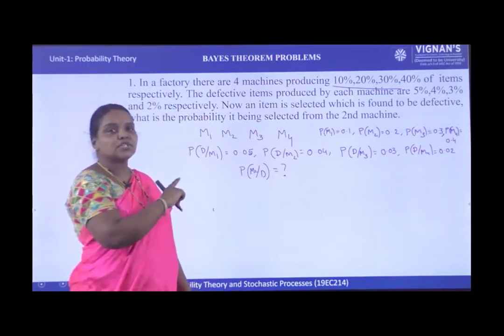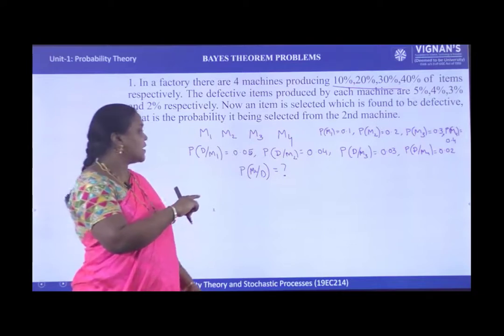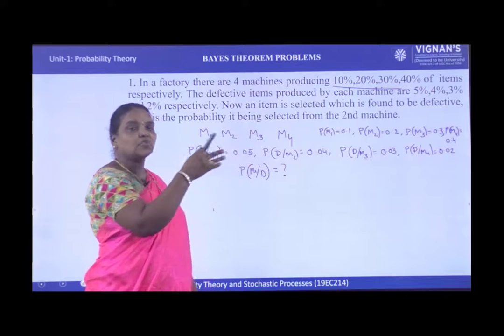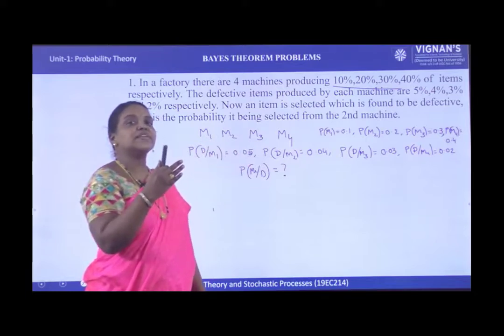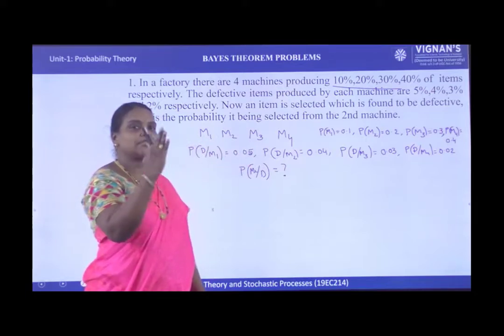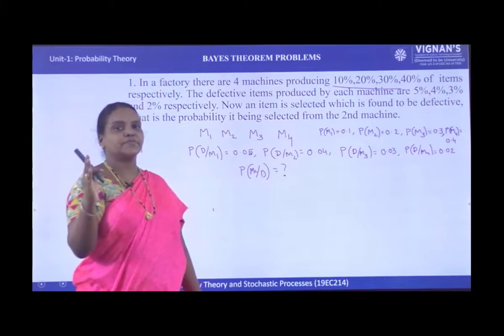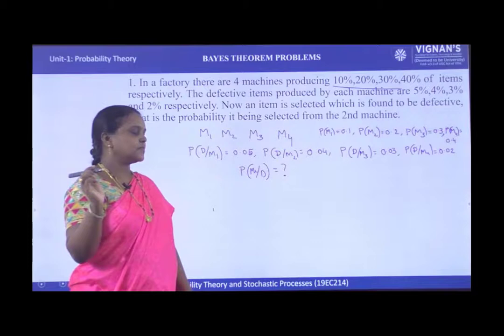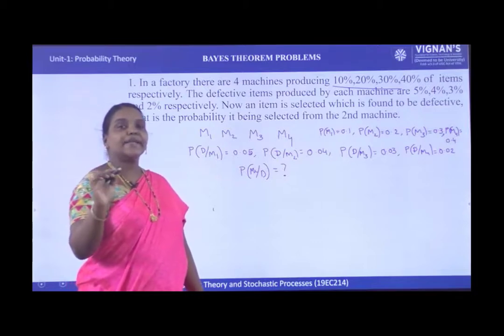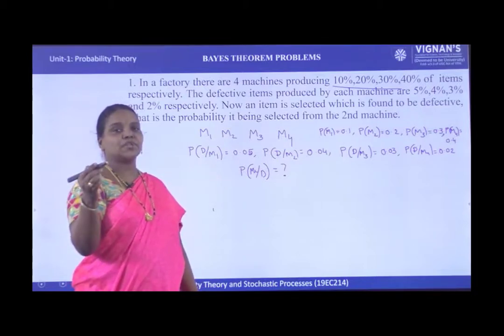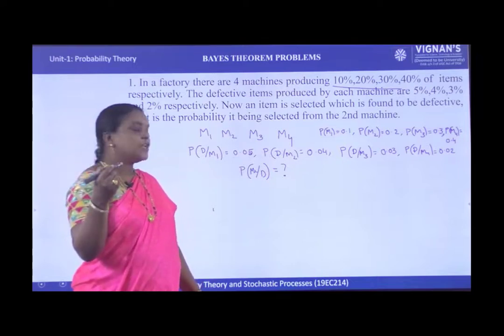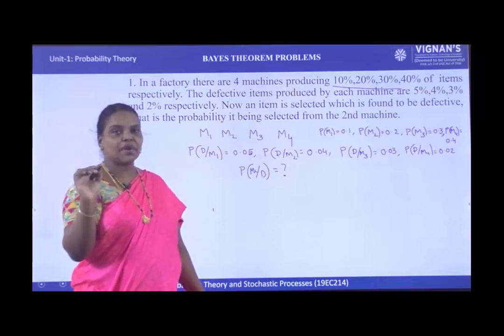So to solve such conditional probability items, and here B1, B2, B3, B4 and so on Bn, those mutually exclusive events are nothing but machine 1 products, machine 2, machine 3, machine 4. And the event A is nothing but defectiveness, because each machine is having defective items also.